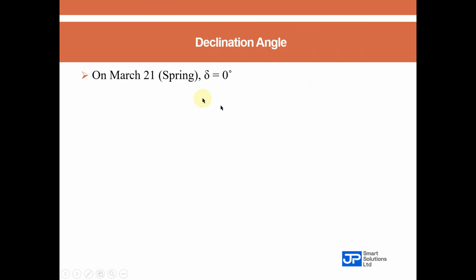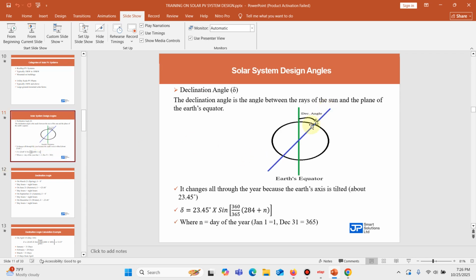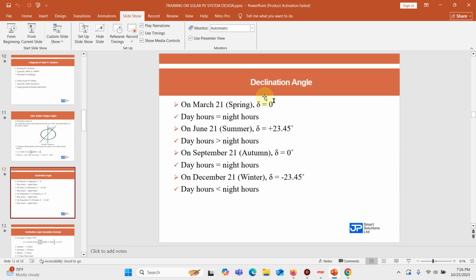So next we have March 21st. Now on March 21st, which is spring, this is the Earth's equator, and this declination angle will be similar to the Earth's equator, which will make it 0 degrees.